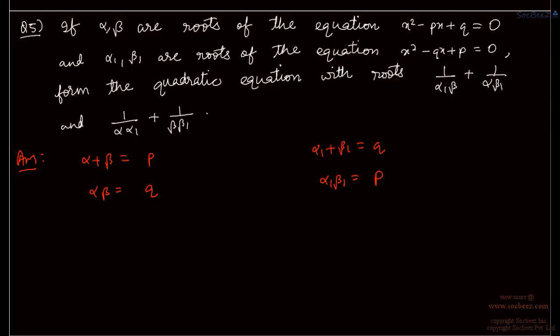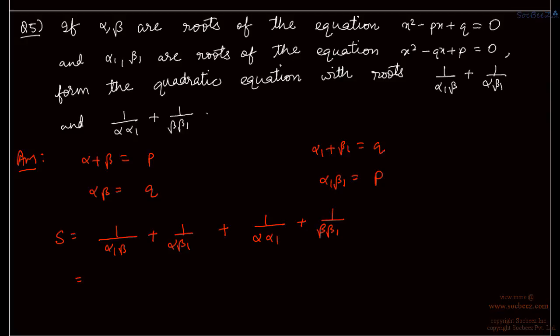So they are just opposite. Now let's try to write the sum of the roots of the desired equation. Suppose that is s. Now what is this? This is 1 by alpha 1 beta plus 1 by alpha beta 1. This is thus the first root. Then the second one is 1 by alpha 1 plus 1 by beta 1. Right?